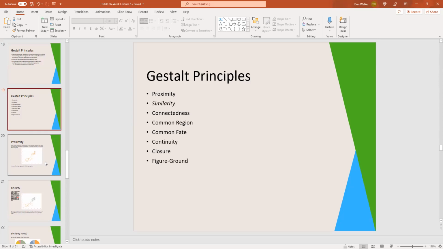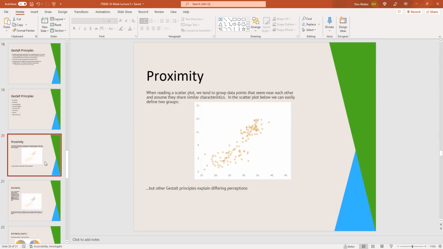So proximity, you can see here, we do a scatter plot, say, and you can see that there's kind of a group in the lower left-hand corner and then kind of a group in the upper right-hand corner. So we tend to assume that there's some sort of something in common with them, something similar.